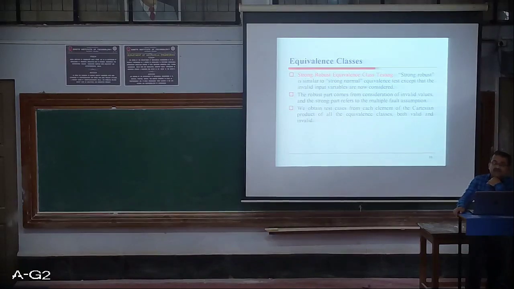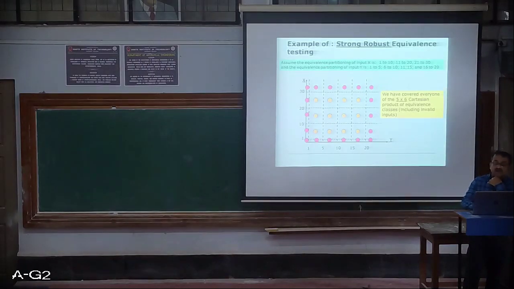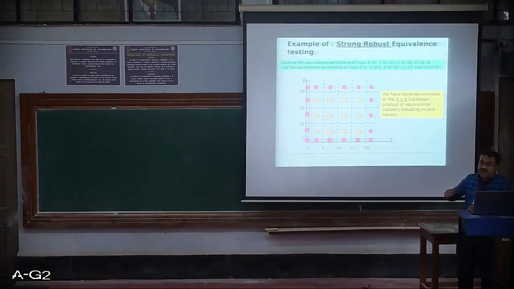Similarly, we have strong robust equivalence class testing. Strong robust is like strong normal, except that all the invalid inputs are now considered. In the same way, we take the Cartesian product and we also consider the invalid inputs in that Cartesian product. So we have two partitions each range in the invalid part.